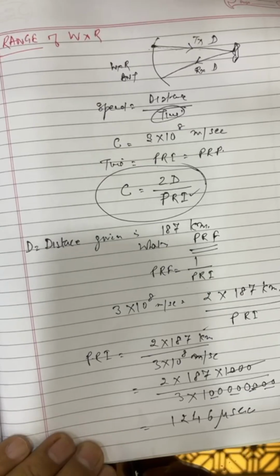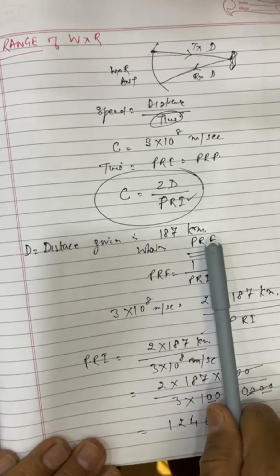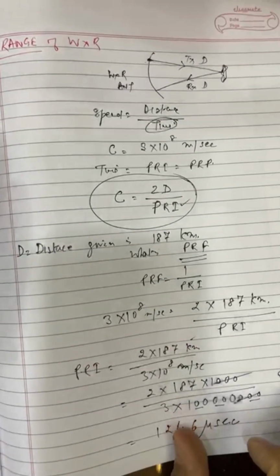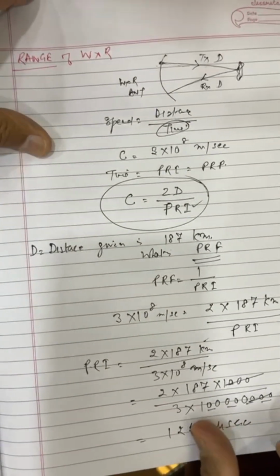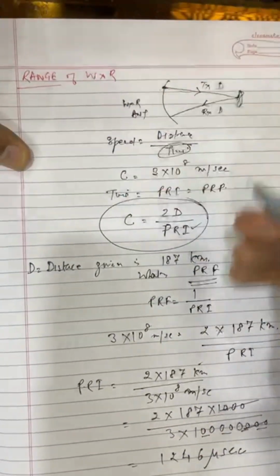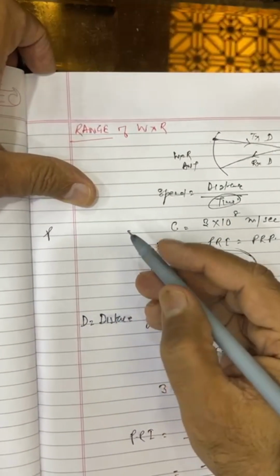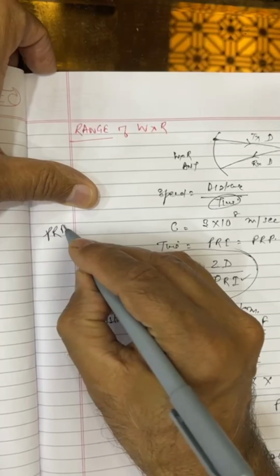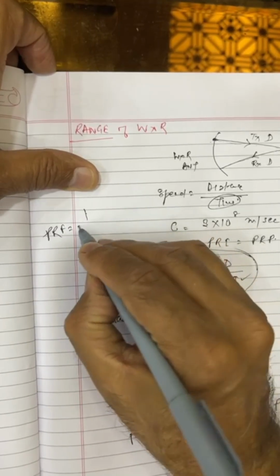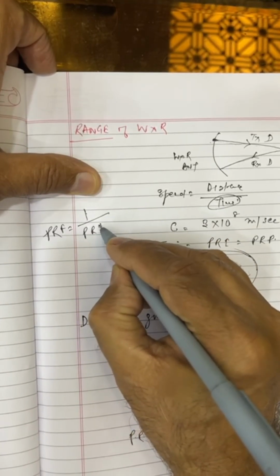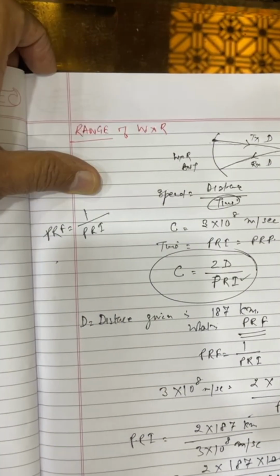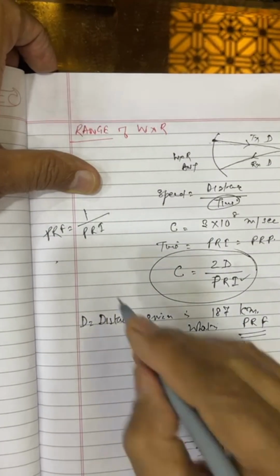Okay. And you have to find PRF. So how do you calculate PRF? PRF will equal to 1 upon PRI, and PRI you already found.